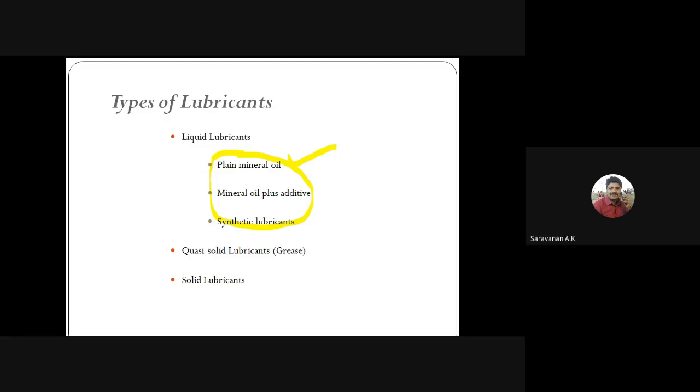Its requirement will have some different types of applications.